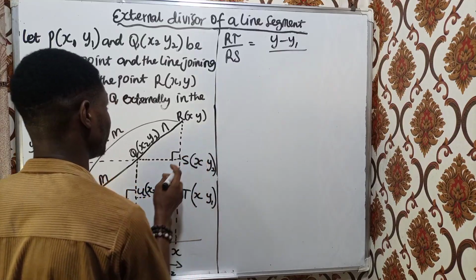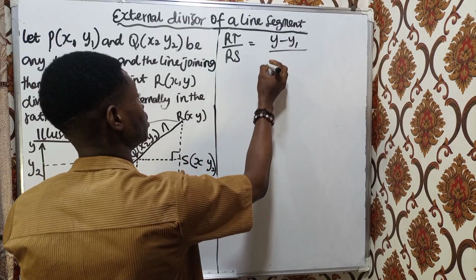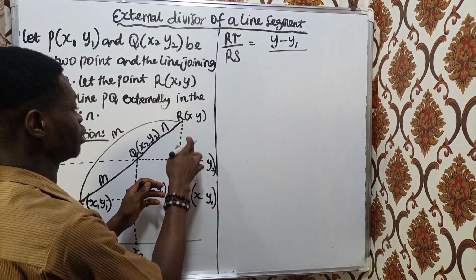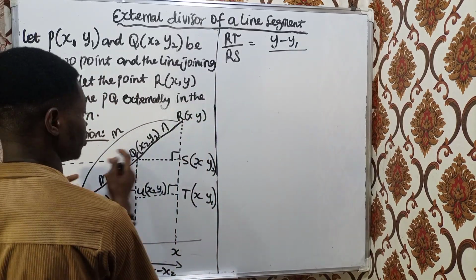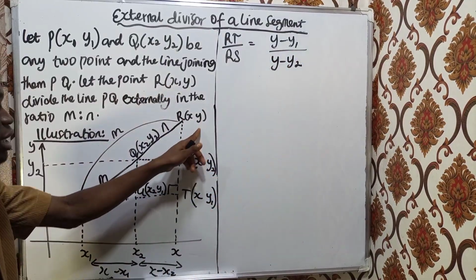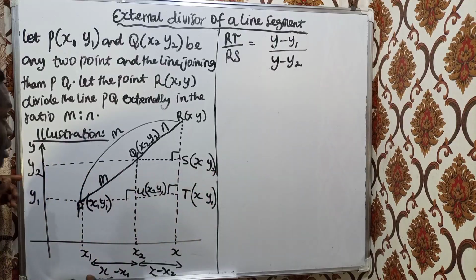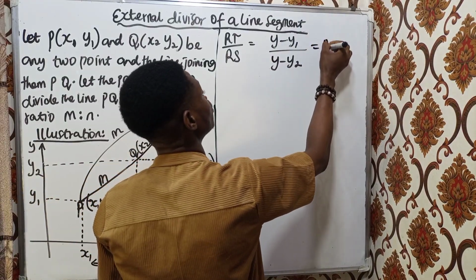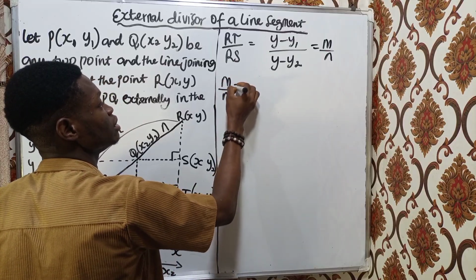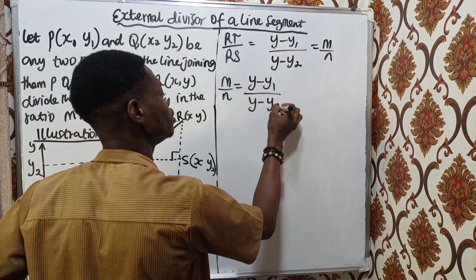Then for RS, we are going to have y minus y2. Where did y meet? At S. You can see y2 there, you can trace it here. Is equals to m over n. We are going to have m over n is equals to y minus y1 all over y minus y2.